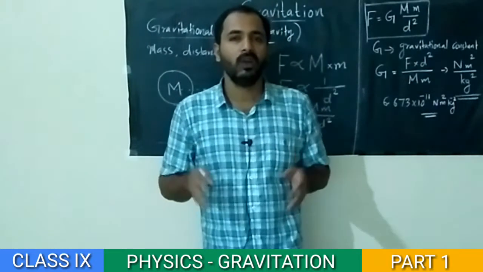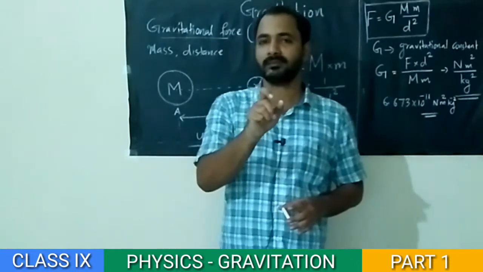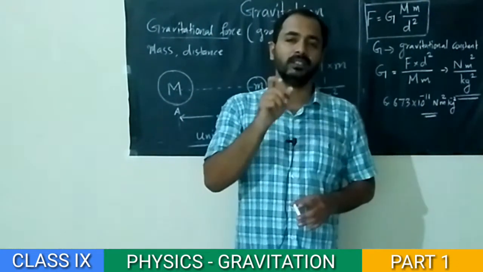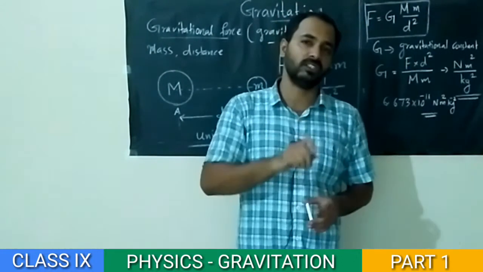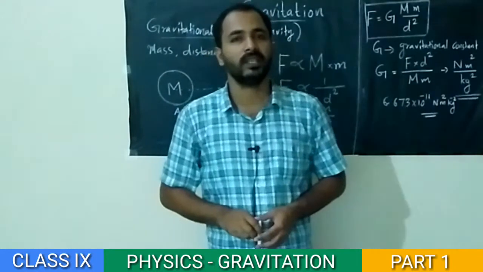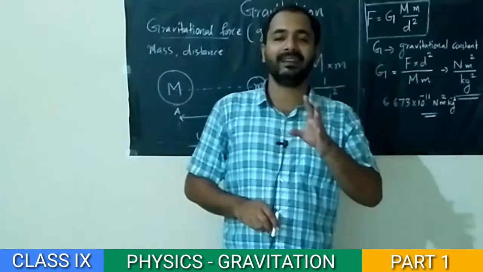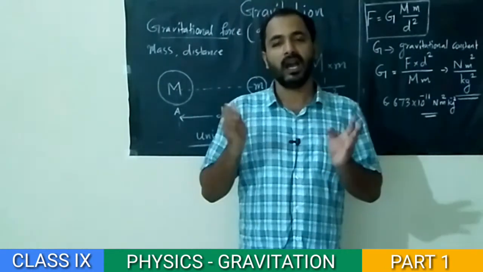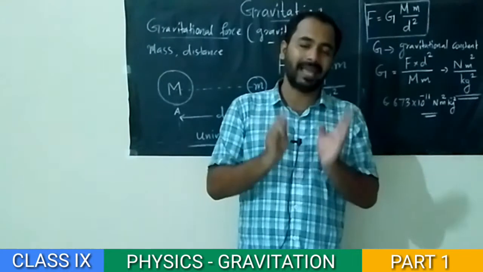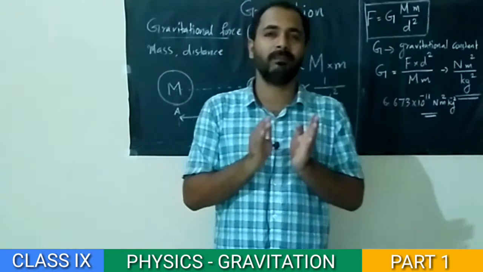Second, we know all planets are revolving around the sun. All planets are revolving around the sun due to the law of gravitation, or due to the force of gravitation. We know the moon is revolving around the earth, and artificial satellites are revolving around the planets.